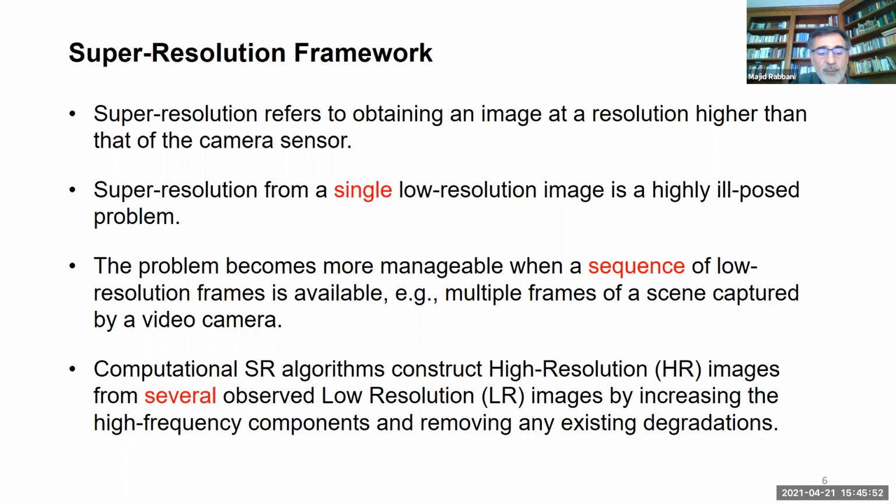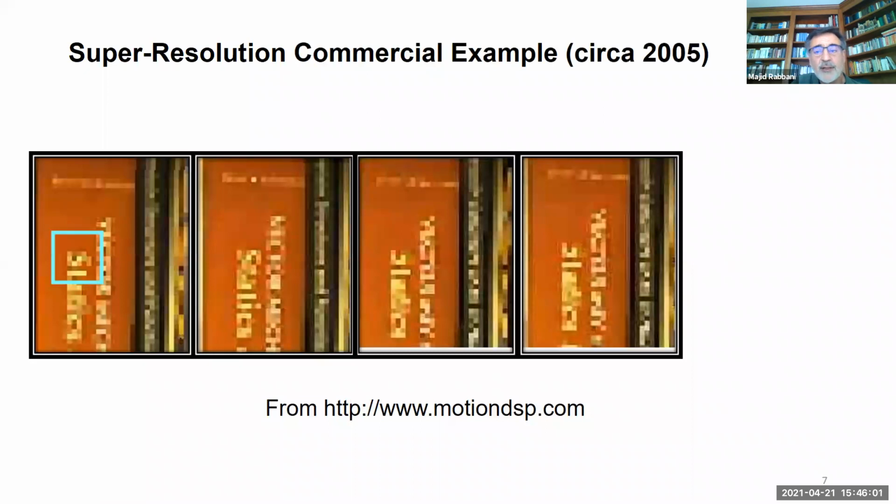But for now, computational or reconstruction-based super resolution looks at the paradigm that I said. This is circa 2005. There is a company called Motion DSP. It was founded out of University of California in Santa Cruz, and I downloaded that from their website.